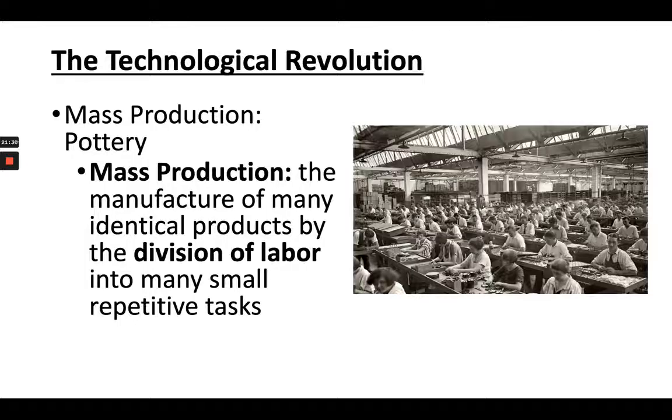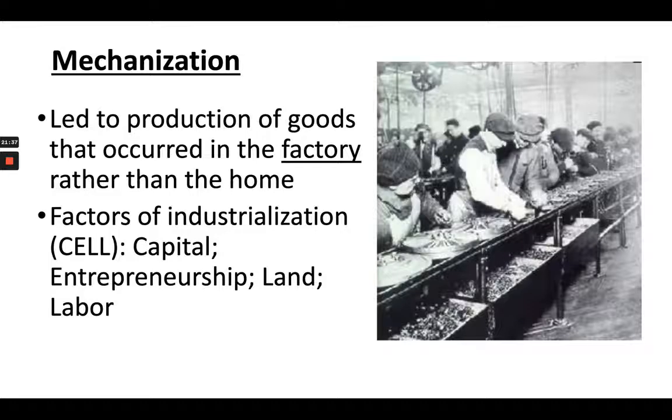So all of this is part of mechanization, right? It leads to the production of goods that occurs in a factory rather than a home. It's a shift. And part of the shift is going to be in the spinning of cotton thread and weaving.